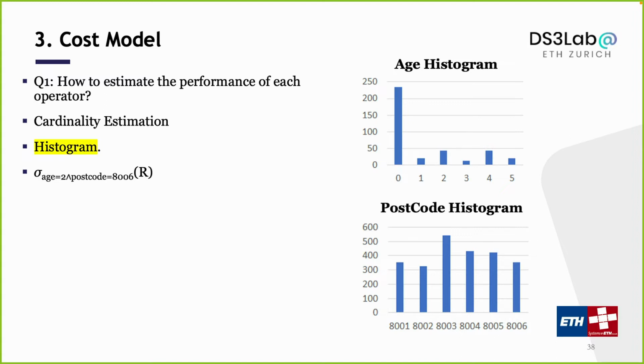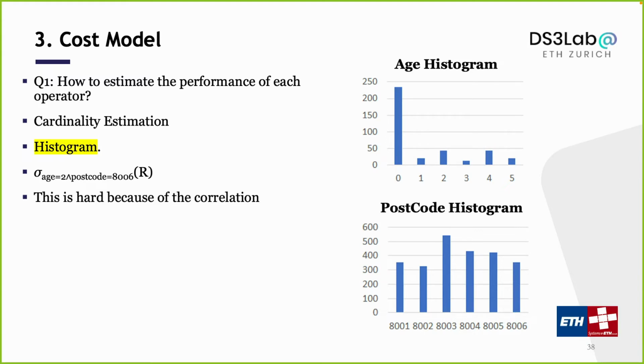I know how many people have age equals 2. I know how many people have postcode 8006. But if you only build the histogram for a single attribute, I do not know their correlation. So what should I do? This has become really hard. This is why cardinality estimation is a fundamentally hard problem: you are trying to capture exponentially many correlations using a small data structure.